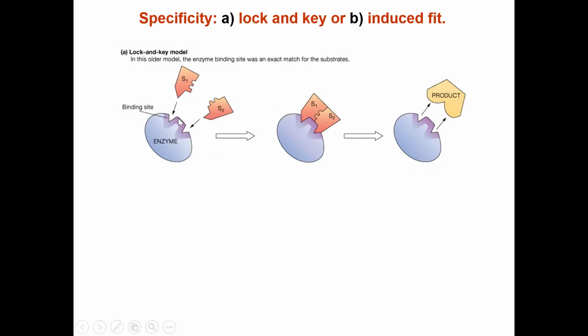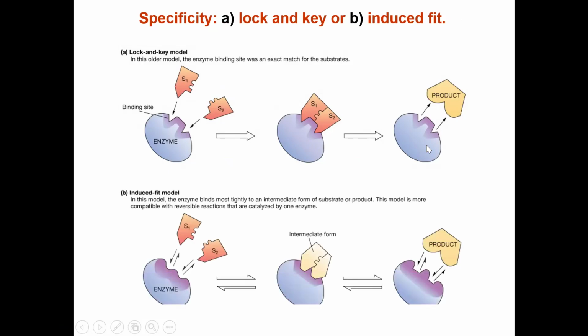So the binding site of the enzyme is like the lock, okay? The binding site is the lock, and your substrates are the what? The key. So they interact with the active site to form this complex, and then the products are released by the enzyme, and you have the intact enzyme.